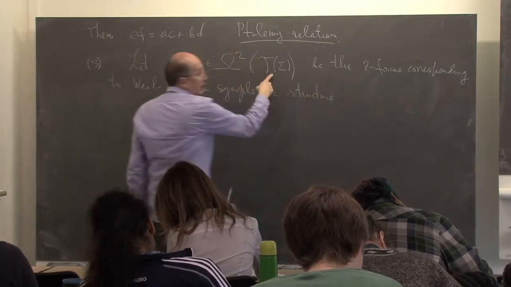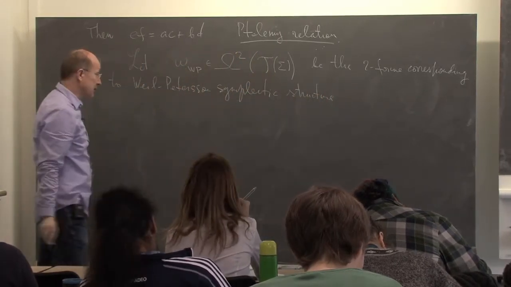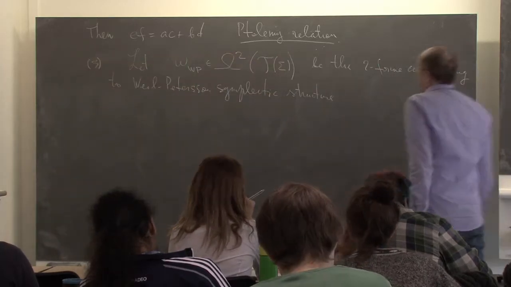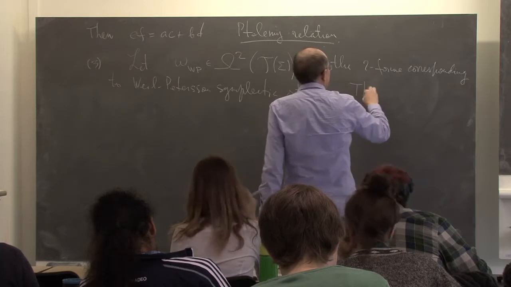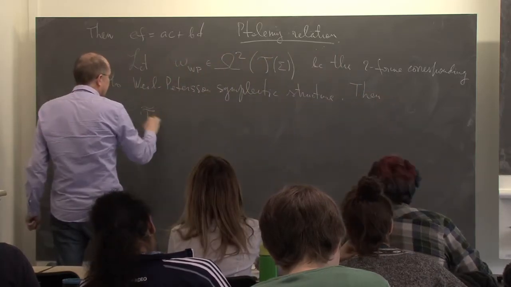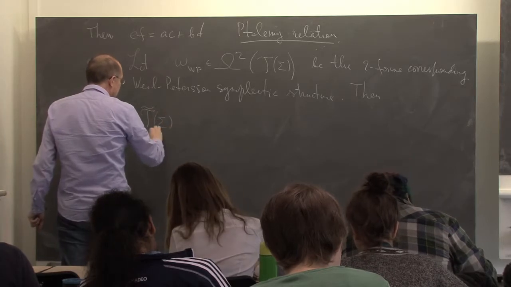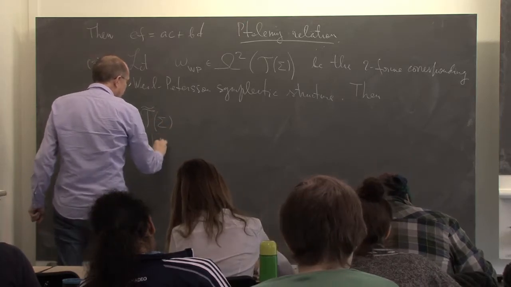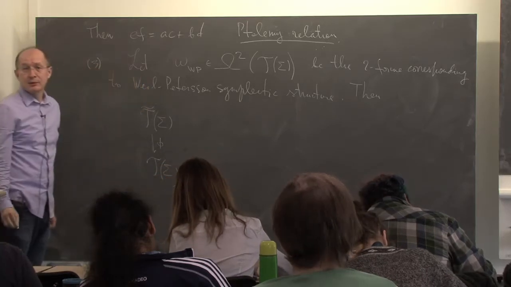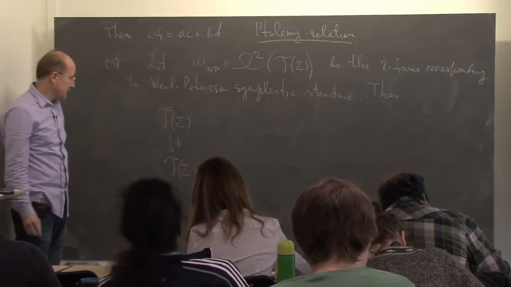So we are in the Teichmüller space, because it's the Teichmüller space which is symplectic. Then what can we do? Remember that decorated Teichmüller space projects down to the usual Teichmüller space by forgetting the horocycles.